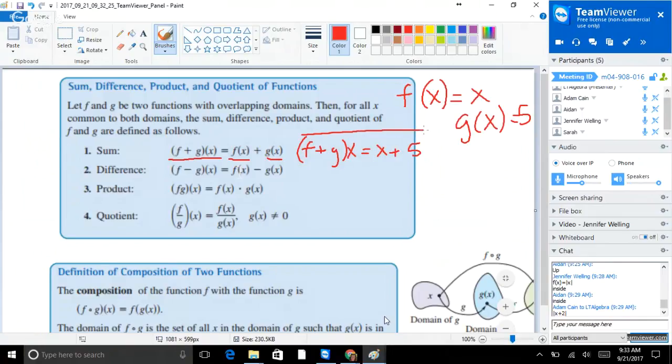And this would give me f plus g of x. Now, obviously, our functions will be a little more complicated than that, but that's really all there is to it. So what do you think if I wanted to find the difference between f and g? What do you think that's going to look like?